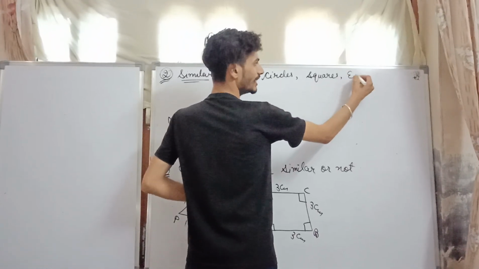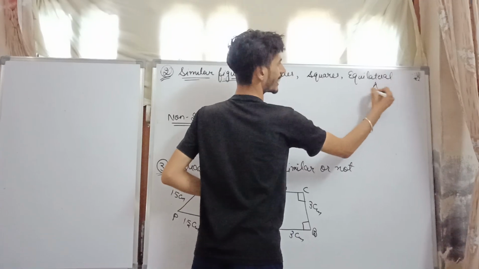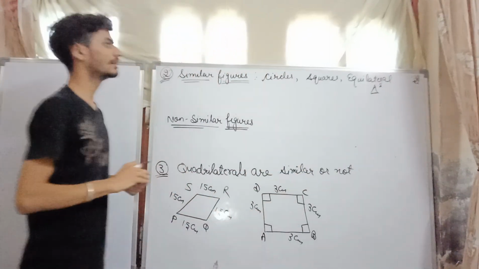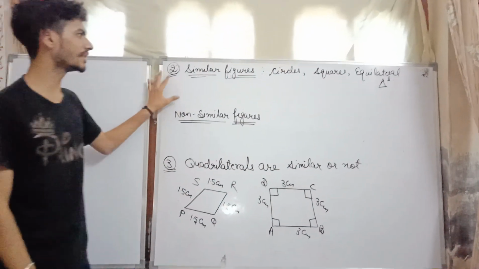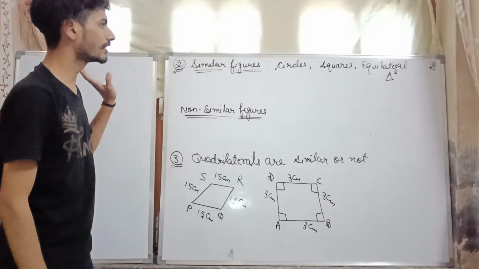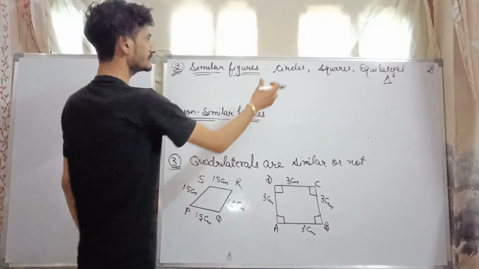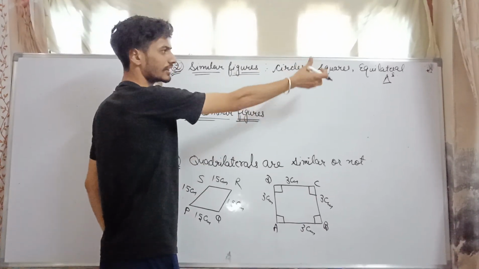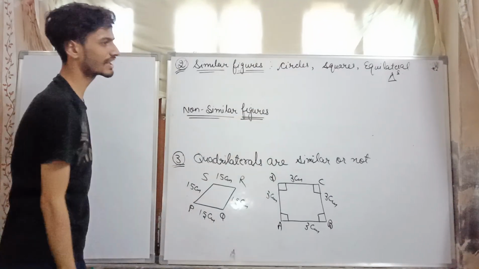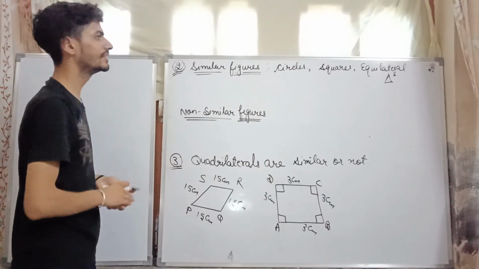And all the equilateral triangles are similar to each other. I will not provide examples of similar figures again and again, because I provided them at the beginning of the video. You will see them there very well.